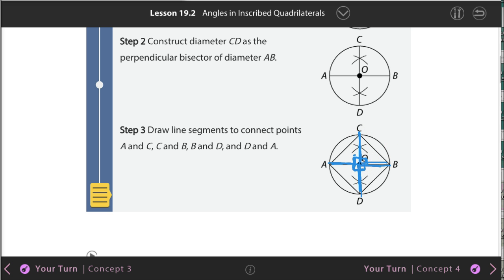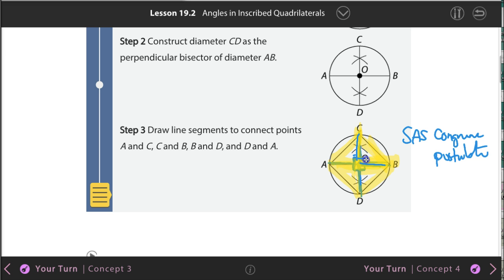So what that means is, if you are just looking at this triangle, okay, this triangle and that triangle and this triangle and this triangle are all congruent triangles because of what? Because of the SAS congruence postulate. And we know this because what?